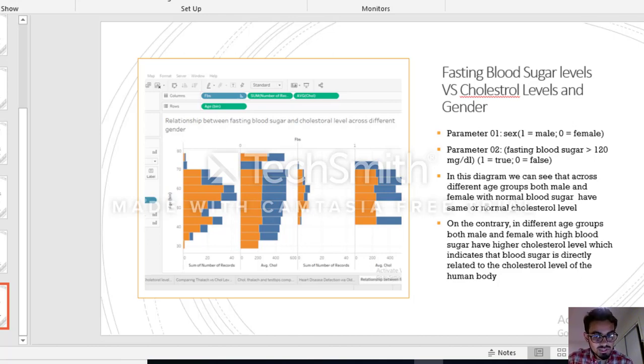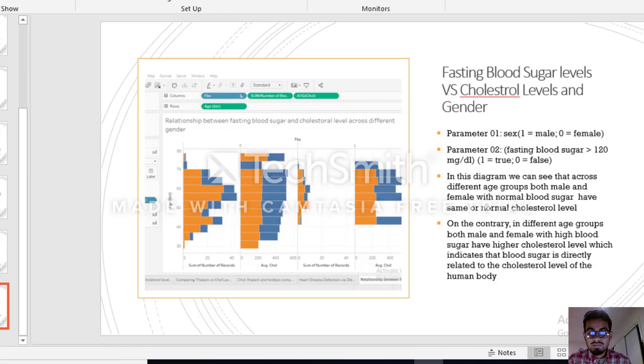If you look closely at the diagram, we can already see that across different age groups, from 30 to 75, both male and female who have normal blood sugar tend to have their average cholesterol level in control, which means the average cholesterol level is normal for them.